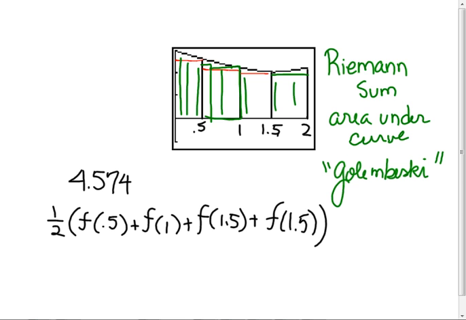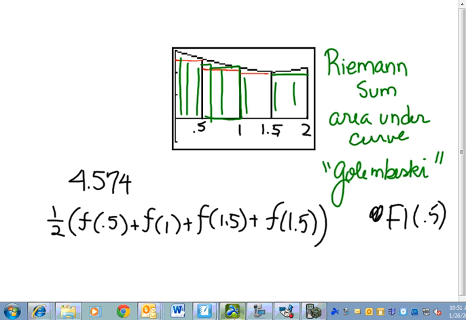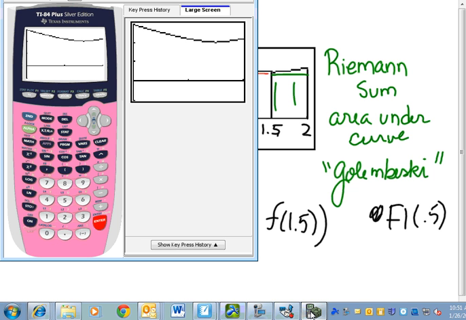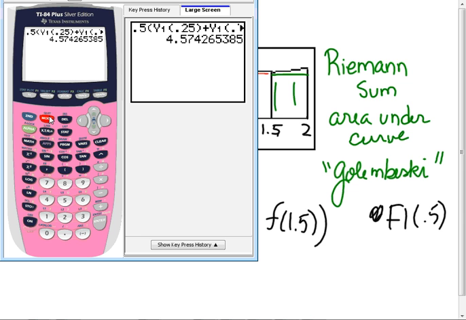On the Inspire, you can actually type in F1, in parentheses 0.5. Now, also on the Inspire, you can go back up and do what I'm going to do on the 84. You can go back up if you have the new operating system and press enter.